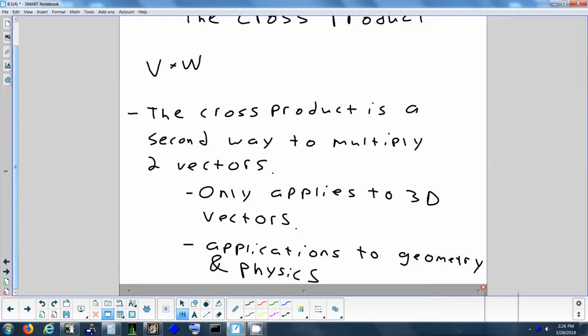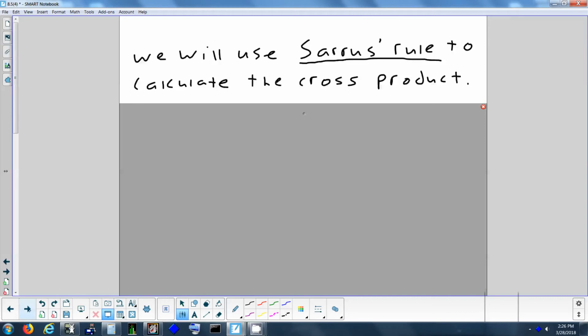The way I'm going to show you how to find a cross product is called Sarrus's rule. The disadvantage is you're not really going to understand why or how it's working. You will be able to find a cross product between two 3D vectors, but if I gave you 4D vectors and said to find a cross product, this wouldn't help you at all. You'd be completely lost. This is kind of like giving you a fish rather than teaching you how to fish.